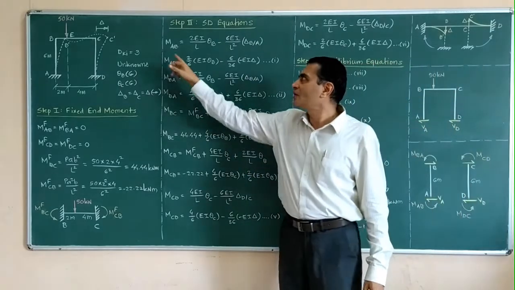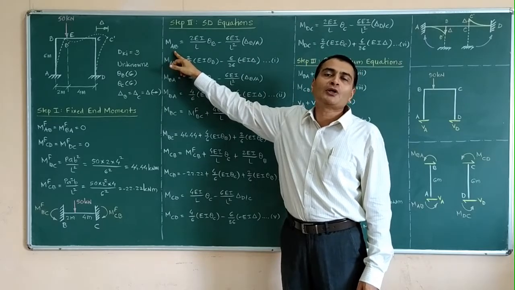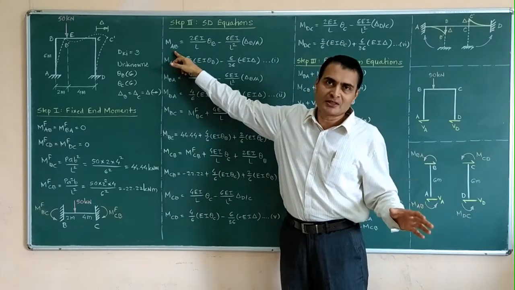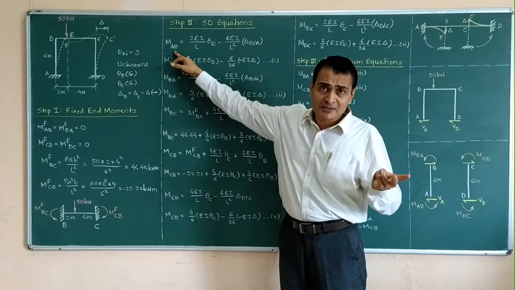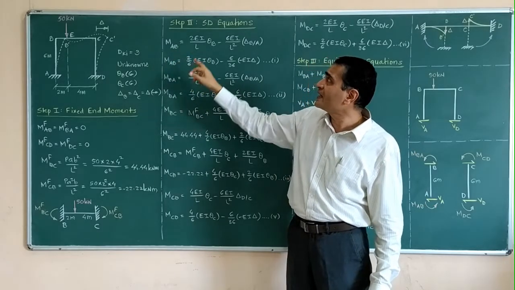I start with end moment MAB. The 4EI upon L into theta A term is absent. The MFAB term is also absent, so those two terms I am not writing.